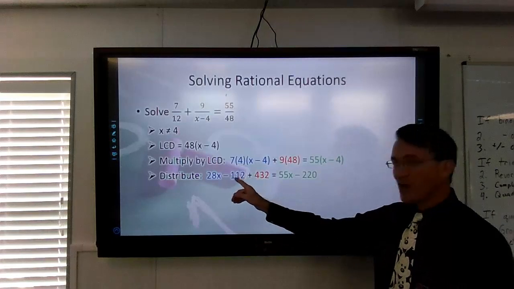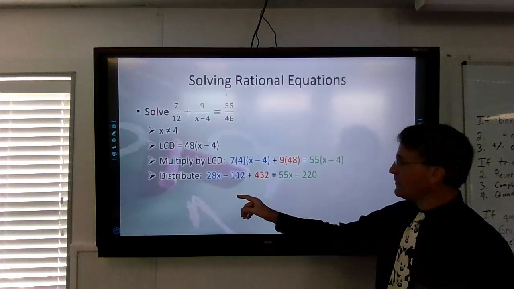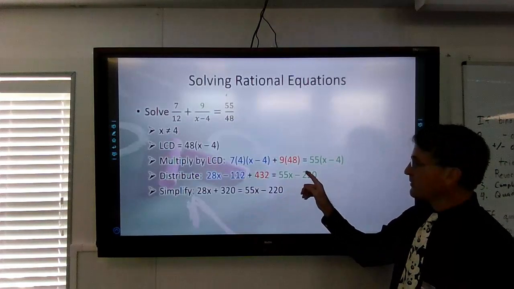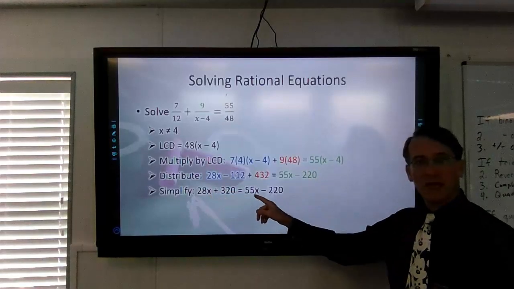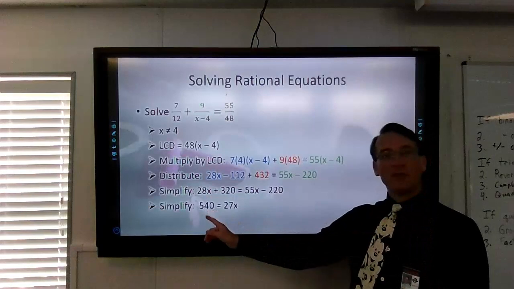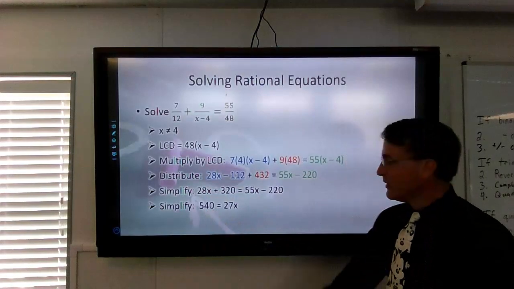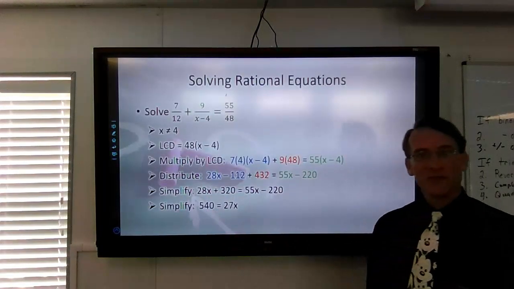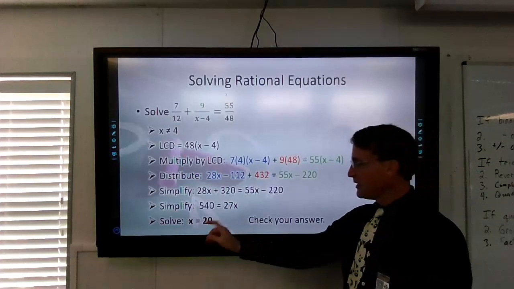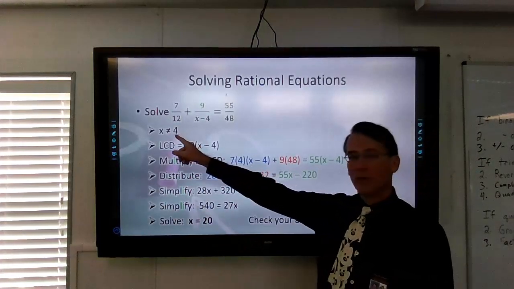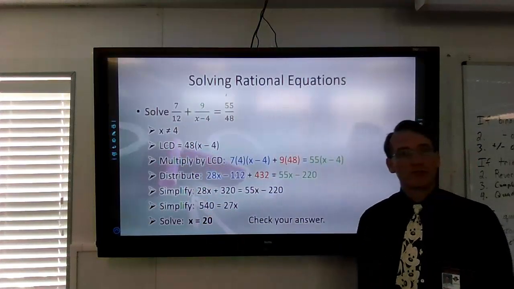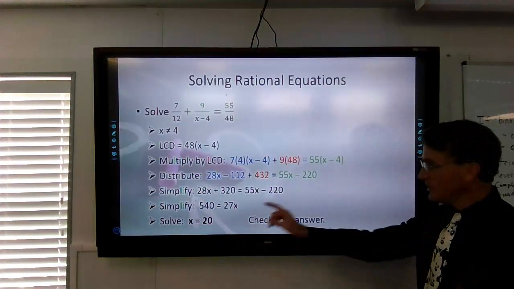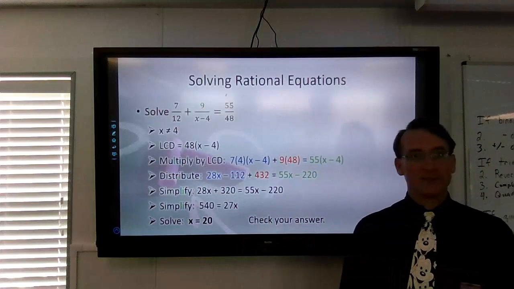I'm going to combine my constants over here, and then I am going to add the 220 to both sides and subtract the 28x from both sides. I'm then going to take the 540 and divide by the 27 to solve for x. When I do that, I get x is equal to 20. I look up here, that is fine. If I substitute the 20 back into the original, it does work out. So if you have an answer of 20, you are correct.